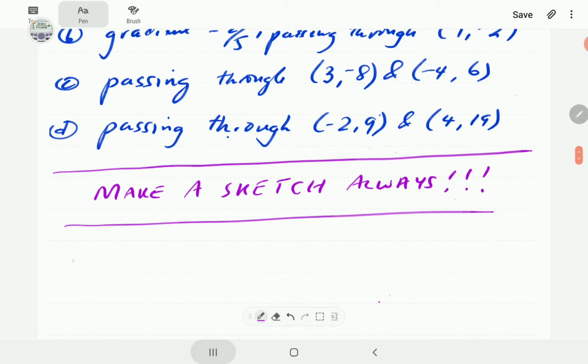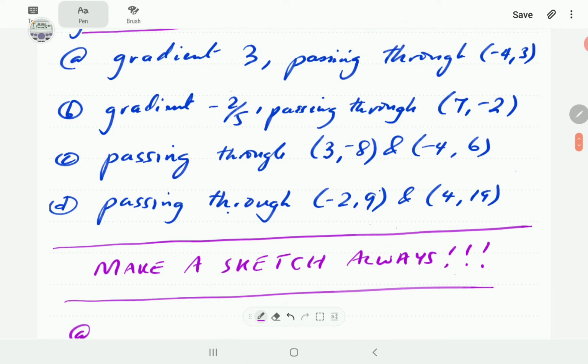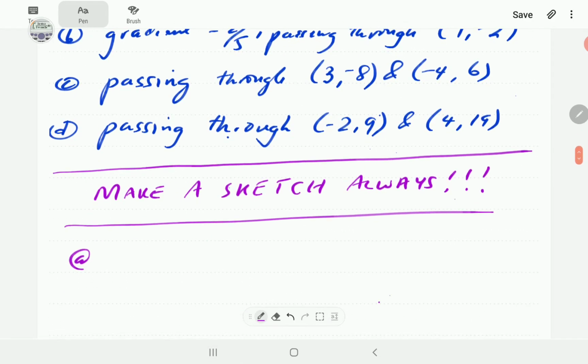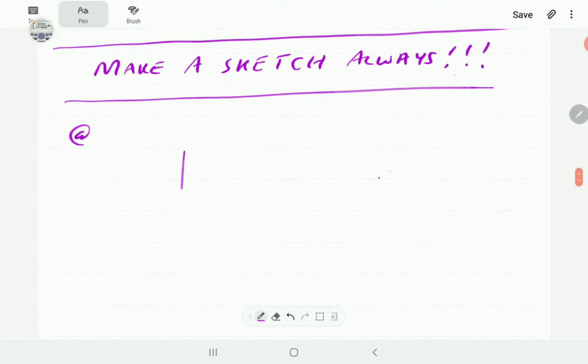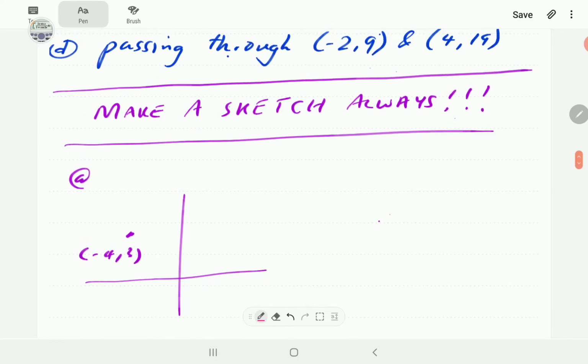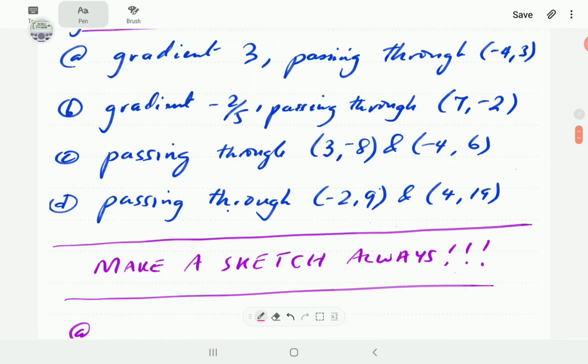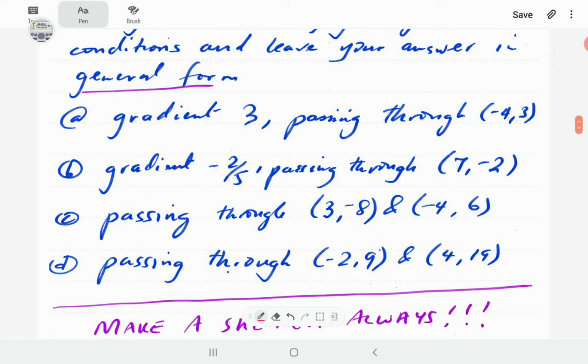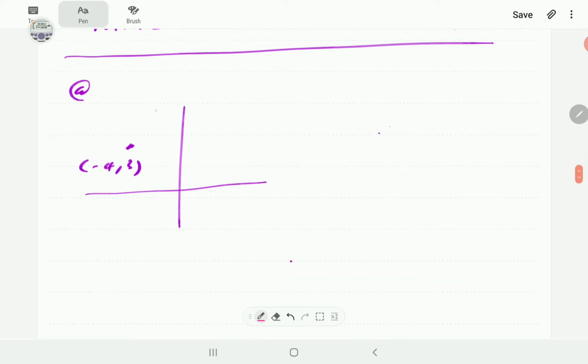So in A, we have got a straight line passing through negative 4, 3. So negative 4, 3 is in the second quadrant, and then we're told that this line has got a gradient of 3. So we said positive gradient means a line that's a bit like a forward slash, so that means this line is going to go through that point somewhat like that.